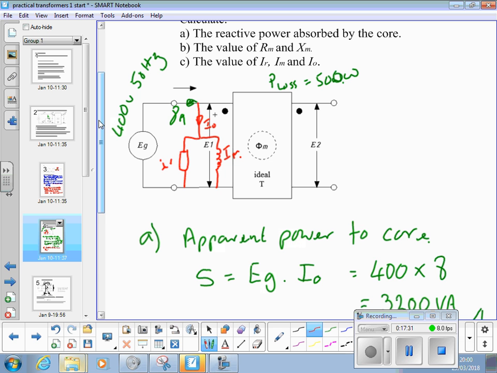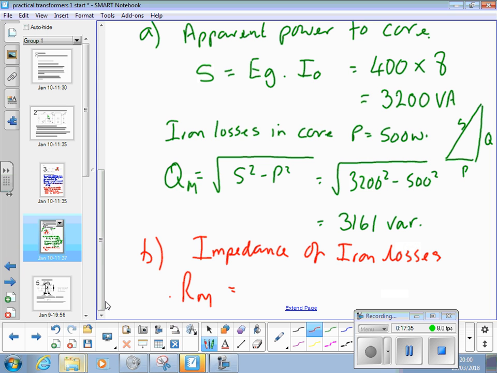Don't we? So we can do it from P is equal to E squared over R, can't we?